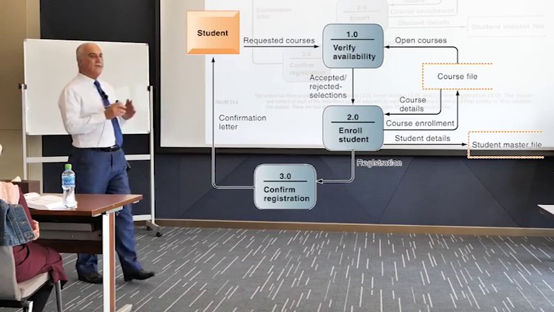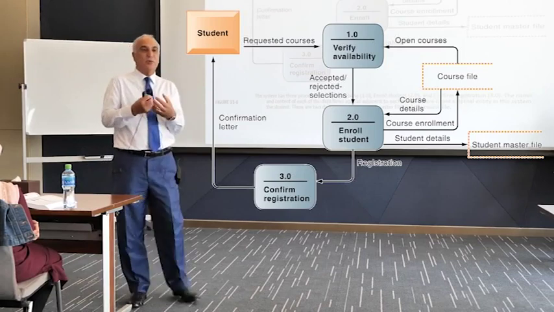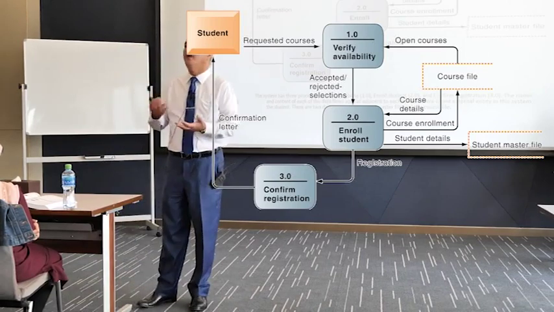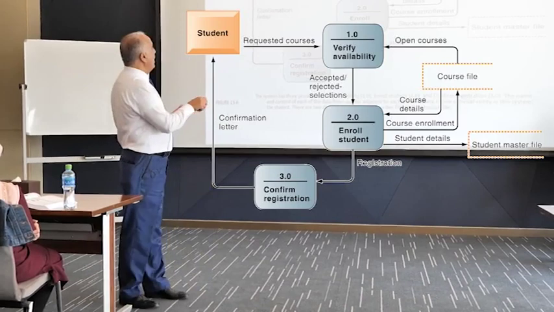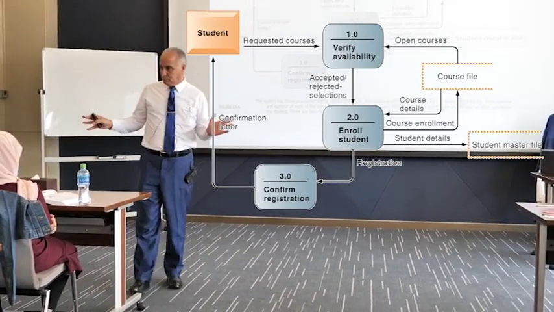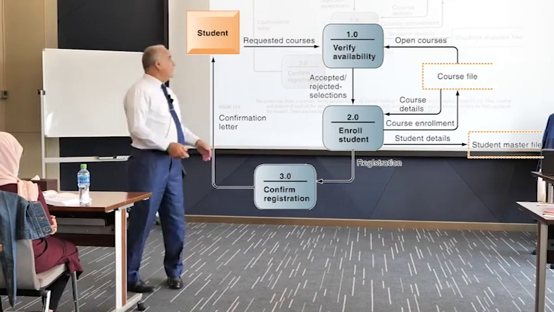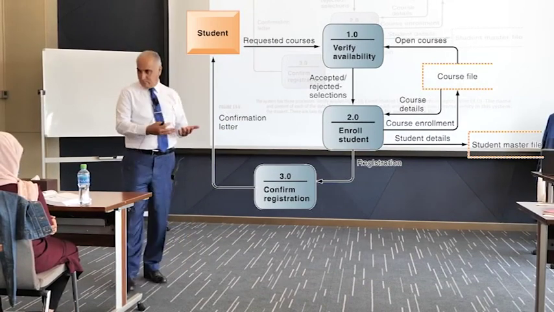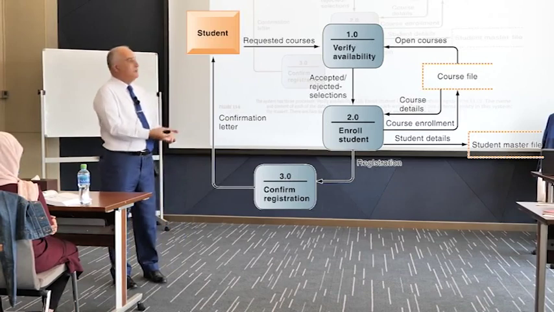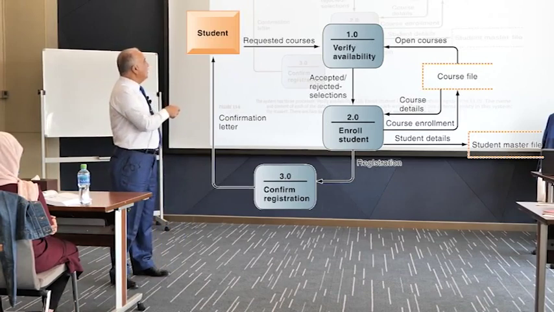We call it the first process, because each process we want to give a unique number. So we give it 1, 2, 3. Okay, guys? It's only a unique identification. Now, a process has a name which reflects what it is doing. So, student requests a course. The process here, we give it the number 1.